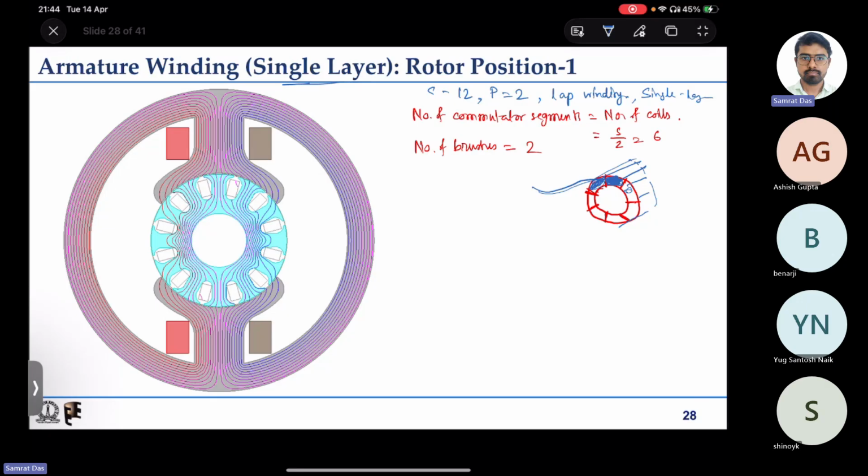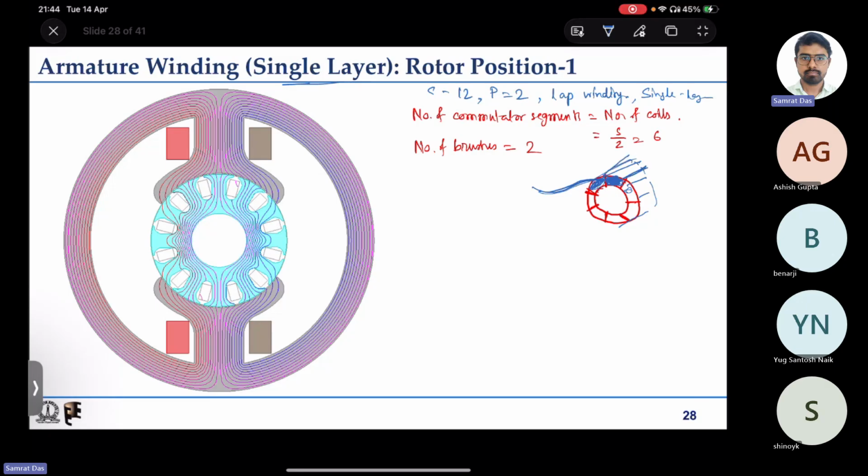So the rotor, the coils, the end winding connections, and the commutator, everything is rotating. But we have to take the connection to the external world, which is stationary. So we do that by using a brush.